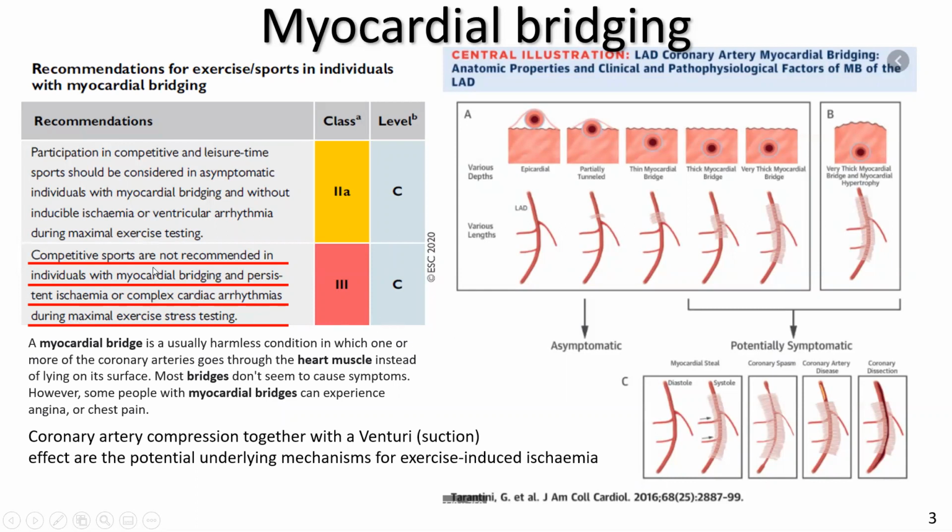What I've underlined means that competitive sports are not recommended. So the level of recommendation is 3, in other words not recommended, but the level of evidence is only C, in other words expert opinion. Coronary artery compression together with a Venturi or suction-like effect are the potential underlying mechanisms for the ischemia.